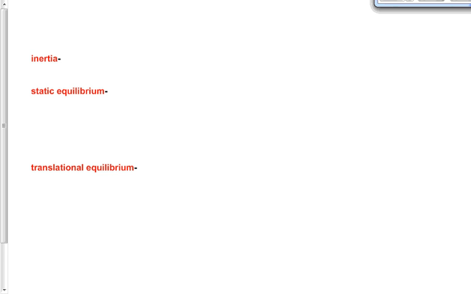Another term, inertia. You ever watch Bill Nye? Well, you know that inertia is a property of matter, right? But what is it defined as? Inertia is the tendency of an object to resist a change in motion.